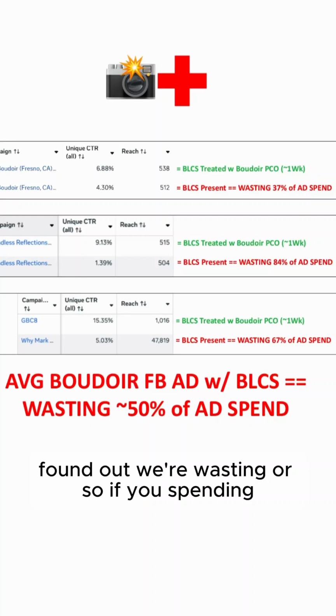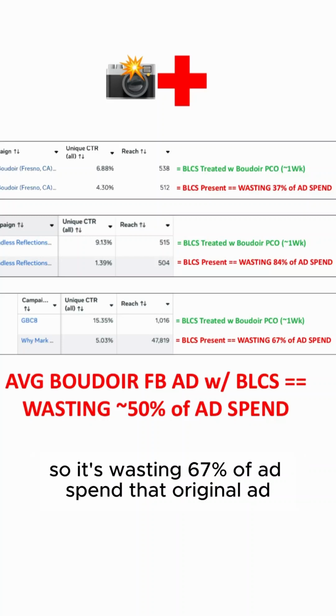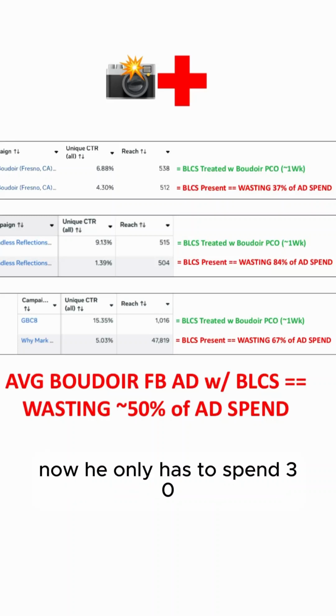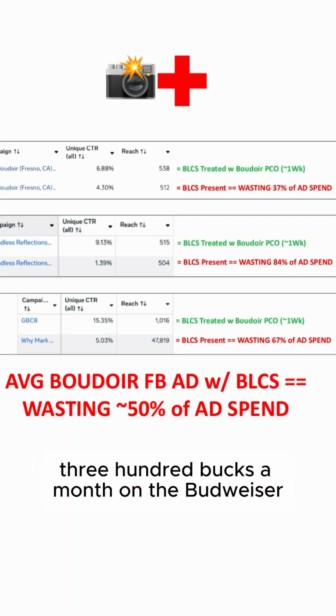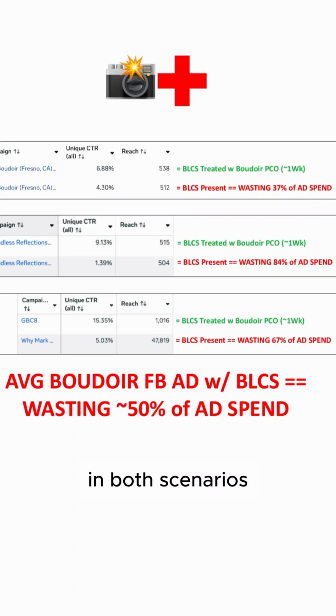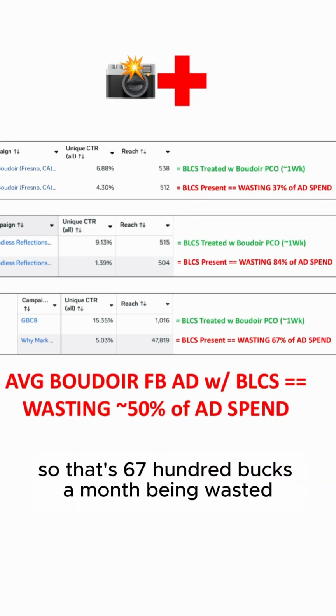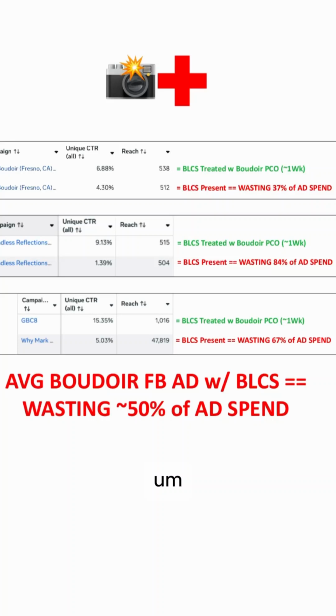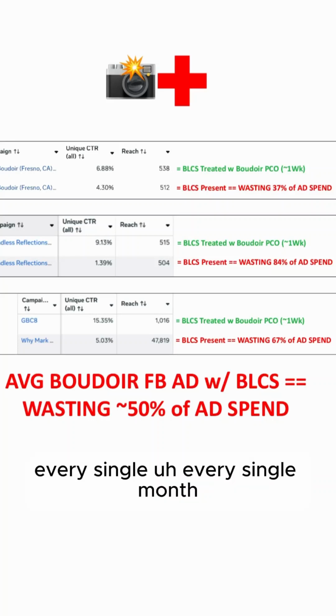So he was wasting 67% of ad spend on that original ad. So if he's spending 10 grand a month on the original ad, now he only has to spend 3,300 bucks a month on the Boudoir Pico treated ad, and he gets it into the same number of women's brains in both scenarios. So that 6,700 bucks a month being wasted, he can pocket that as profit, literally every single month.